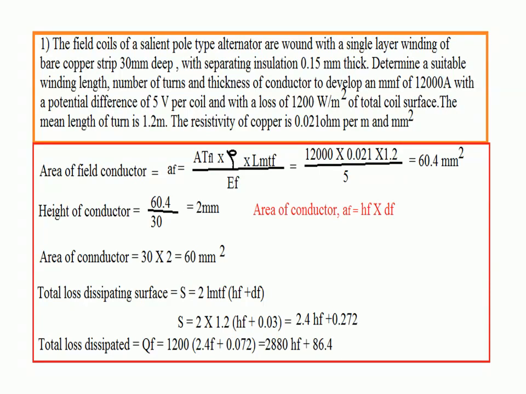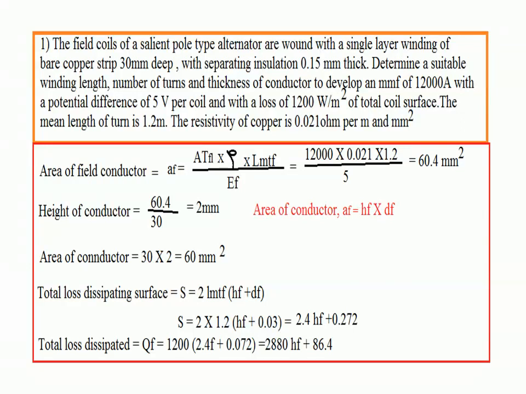Determine a suitable winding length, number of turns and thickness of conductors to develop an MMF of 12,000 ampere-turns with a potential difference of 5 volts per coil with a loss of 1200 watts per meter square of total coil surface. The mean length is 1.2 meter. The resistivity of copper is 0.021 ohms per meter per millimeter square.